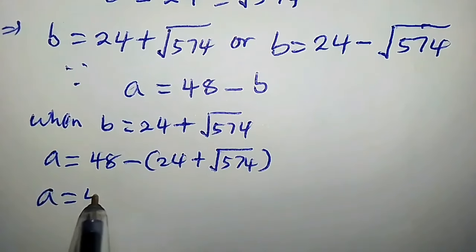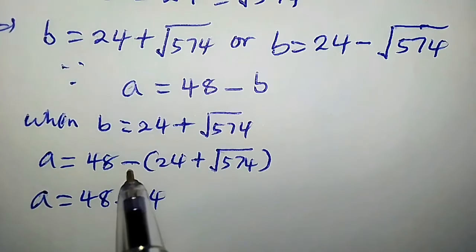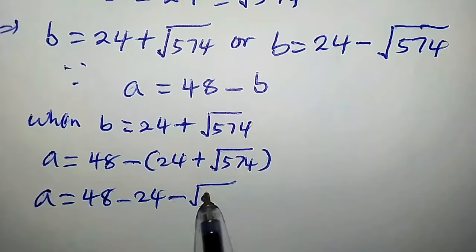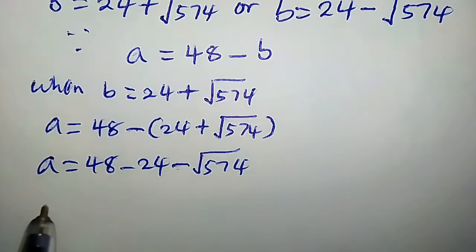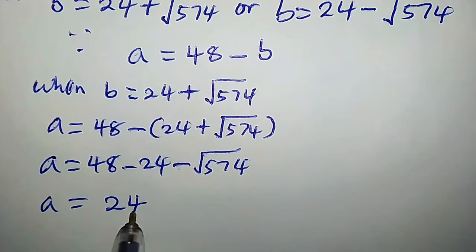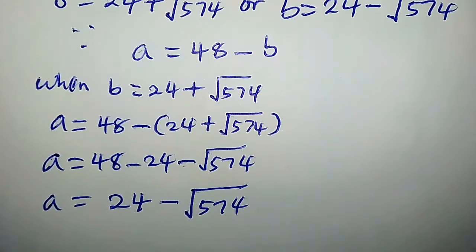A equal to 48 minus times 24, minus 24, minus times square root of 574, that is minus square root of 574. So A equal to 48 minus 24, that is simply 24 minus square root of 574.